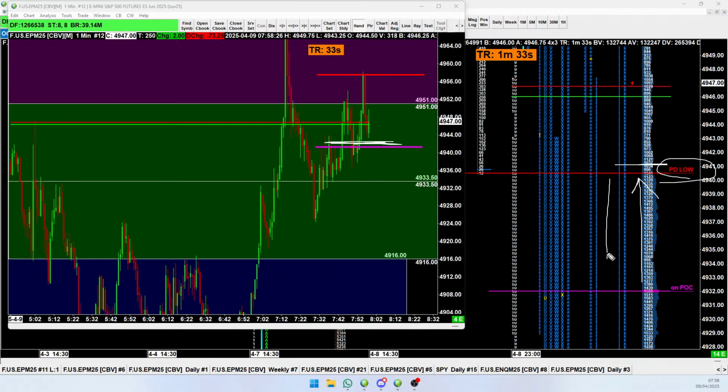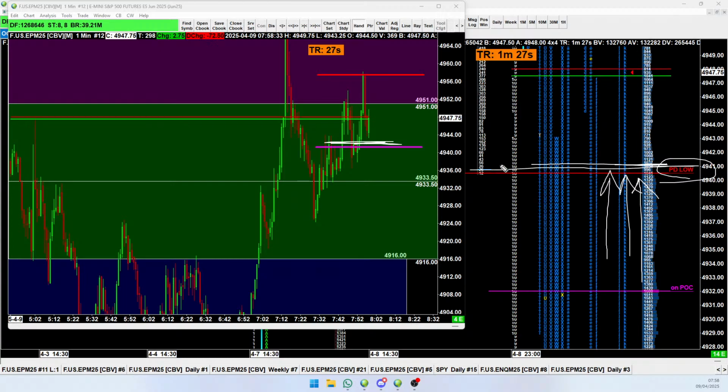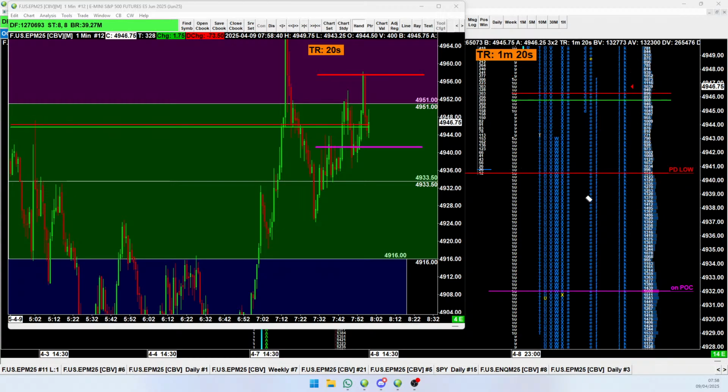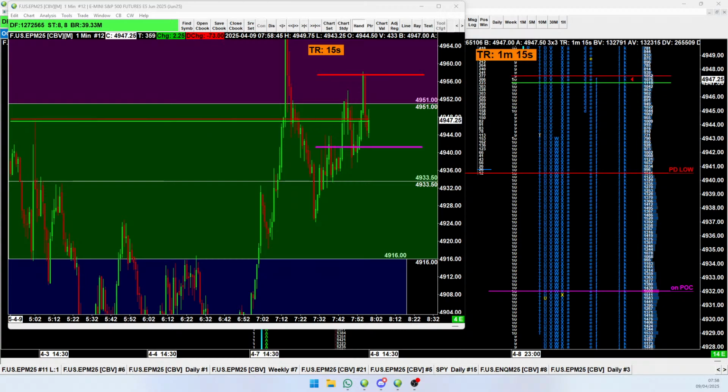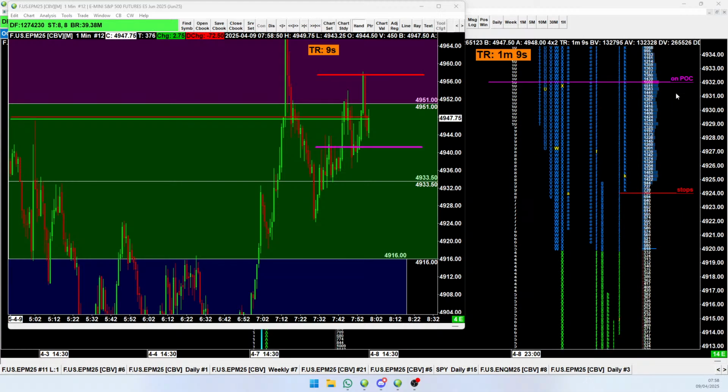Now that is buying from short sellers, so you can't build a house on it. But if we stay above 49.41 going into the London Open, you're going to get another short squeeze like we did yesterday. How long it lasts, I cannot tell. But if we can't get underneath the previous day low, then the shorts are going to be in some trouble, because look at that.